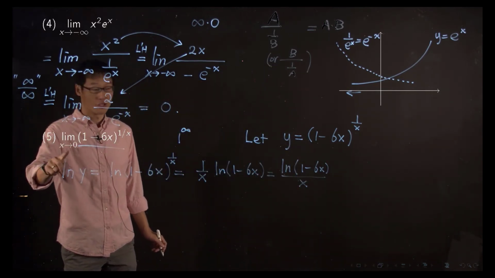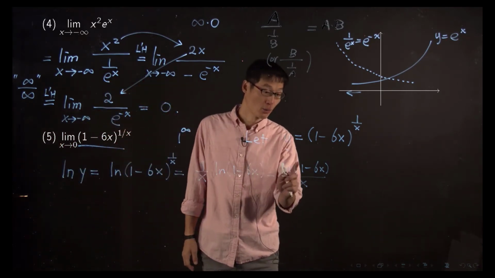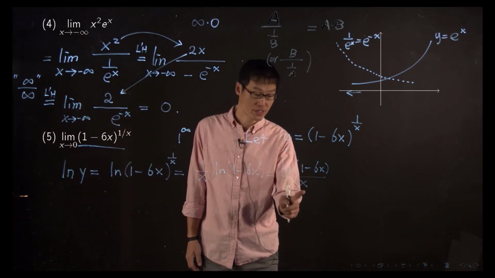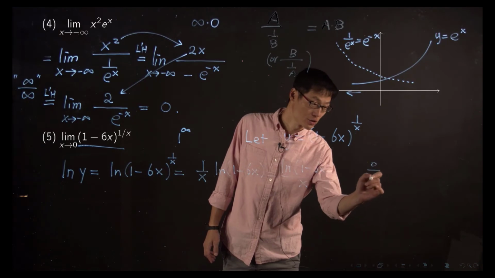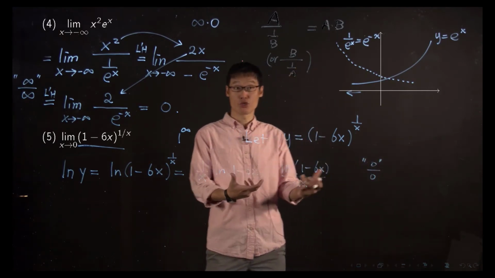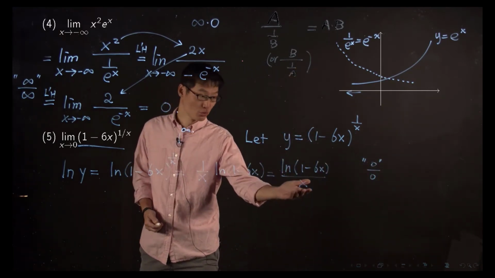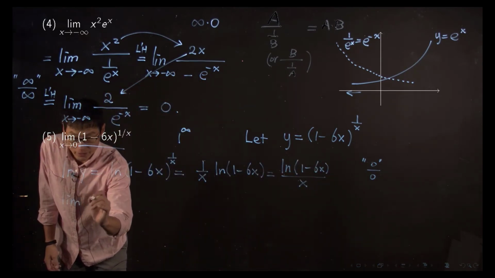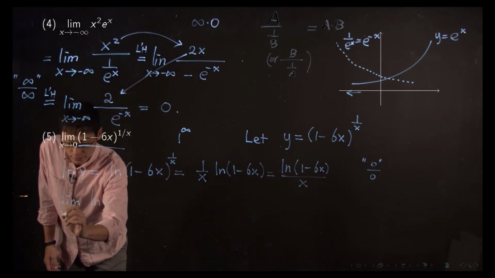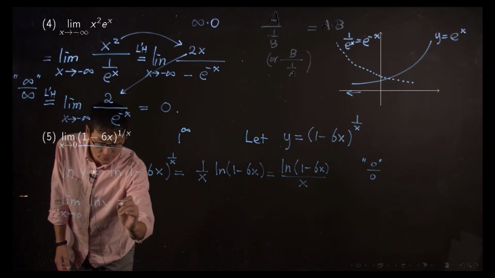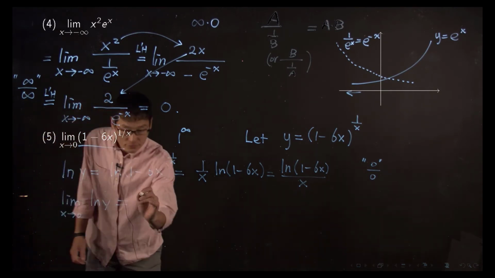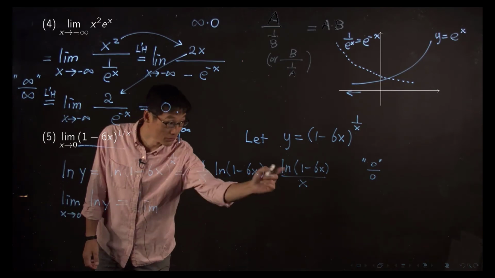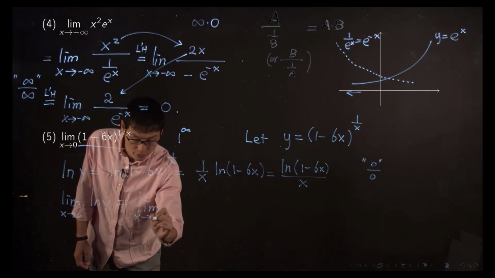As x approaches 0, we have ln 1 over 0. Again, this is a 0 over 0 form. So we are in a good position to apply L'Hopital's rule to this expression. So we are taking the limit of ln y, so the limit of this expression.